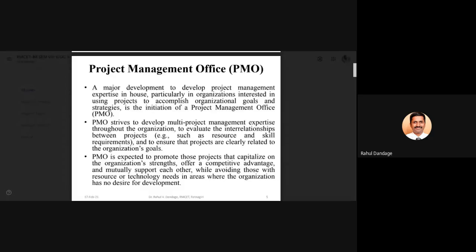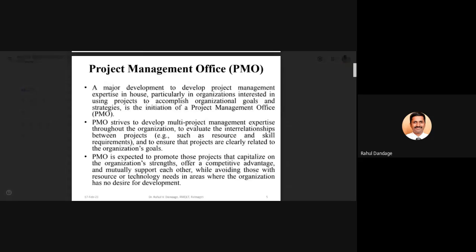Particularly the organizations which are interested in using projects to accomplish organizational goals and strategies try to establish this project management office. What does this PMO do?